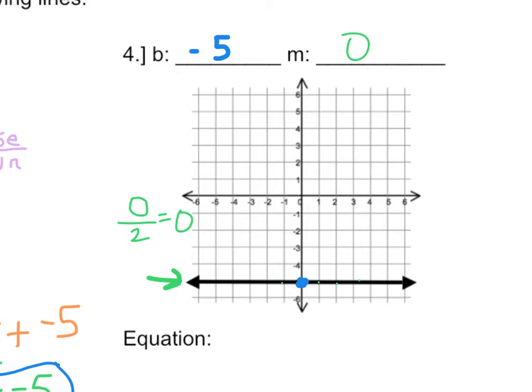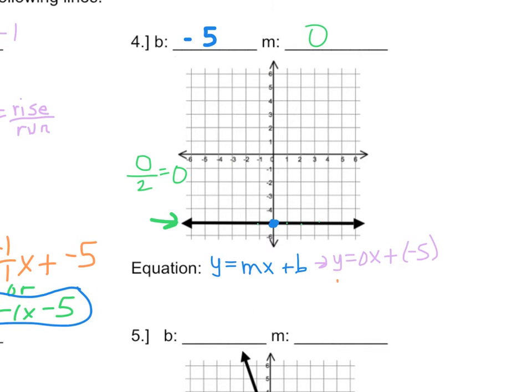So what would our equation look like then? y equals mx plus b, and that becomes y equals 0x plus a -5, and our most simplified version of that would be y equals 0 times anything is just 0, so our most simplified version would just be y equals -5.